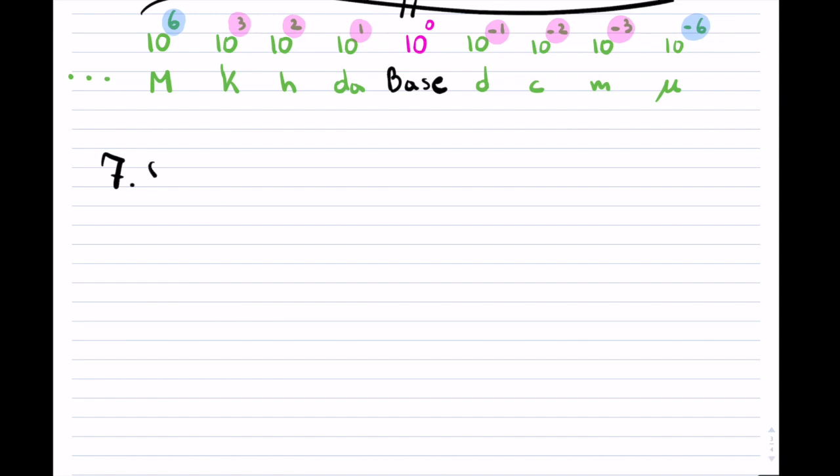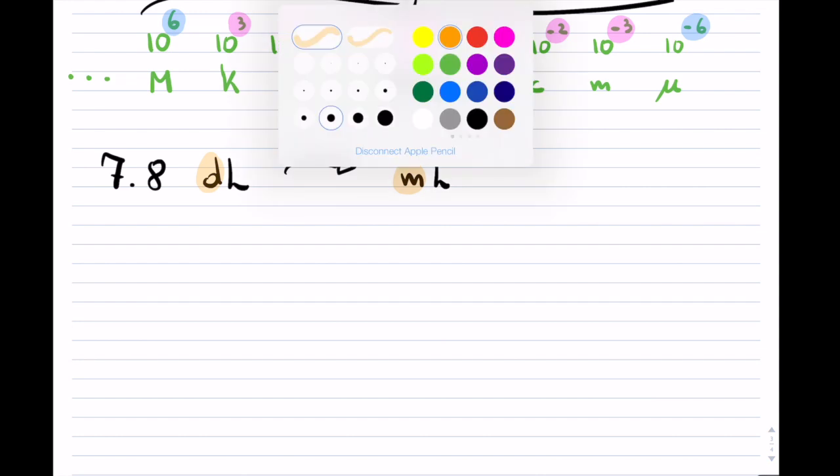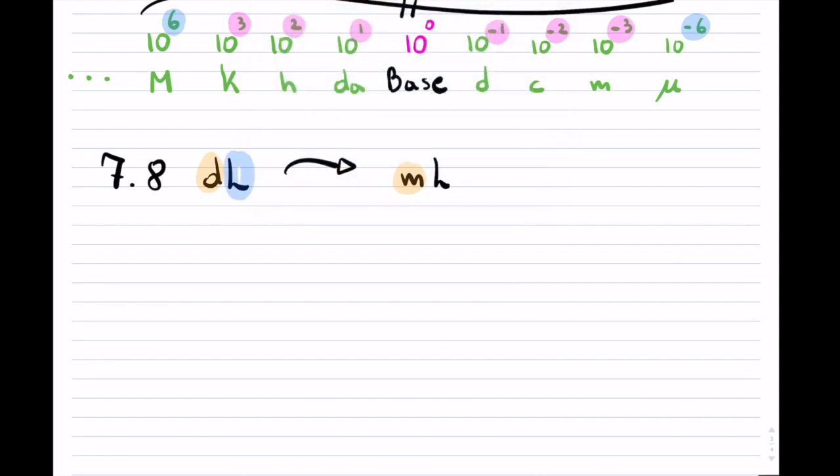For instance, 7.8, and now let's say it was dL, and I wanted to convert to mL. So this is actually deciliters, and we want to convert to milliliters. Notice the key is that your base, in this case liters, is the same.